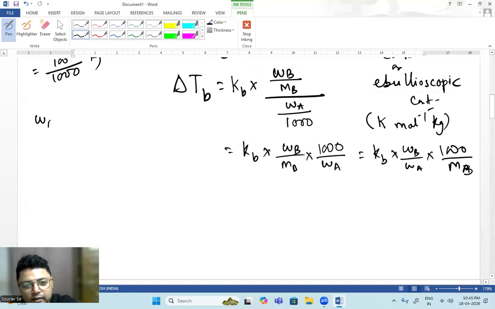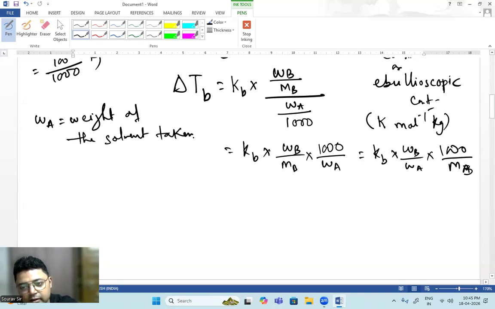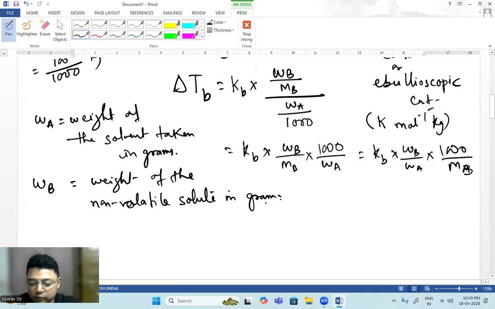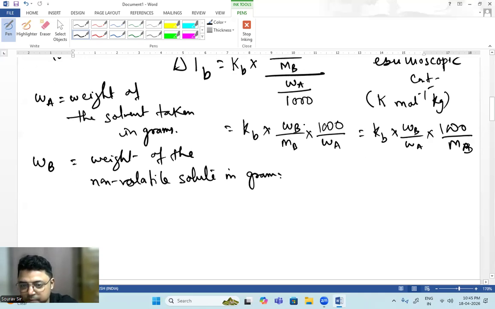What are WA and WB? WA is the weight of the solvent taken in grams. WB is the weight of the non-volatile solute in grams.